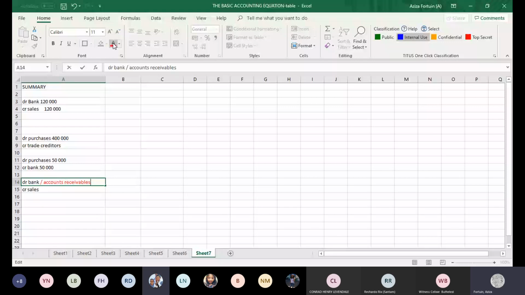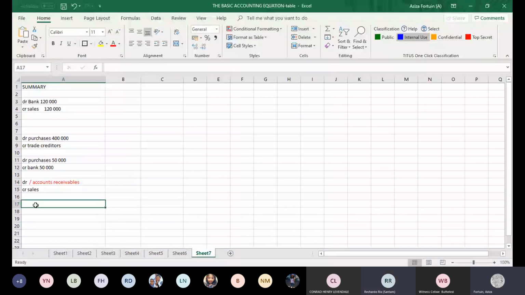Okay, so let's look at number C, where they say prepare year-end adjusting journals. You know what happens at year-end? Anything that is in our income statement, we have to close it off to nil.